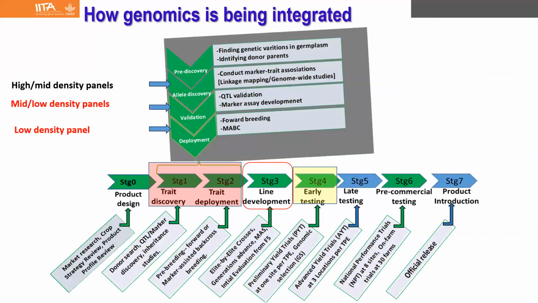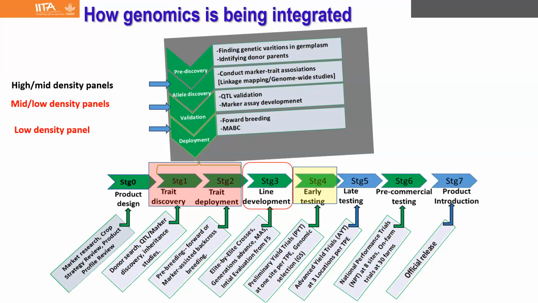How are we trying to incorporate these genomic resources into the breeding program? This is just the strategy that we are using. The cowpea breeding program has a stage-gate process that we follow from stage 0, which starts with market intelligence and looking at product profiles and key traits that are demanded by the farmers, and the traits that require discovery are identified from the product profile, and it goes into stage 2 where there is a lot of this discovery.